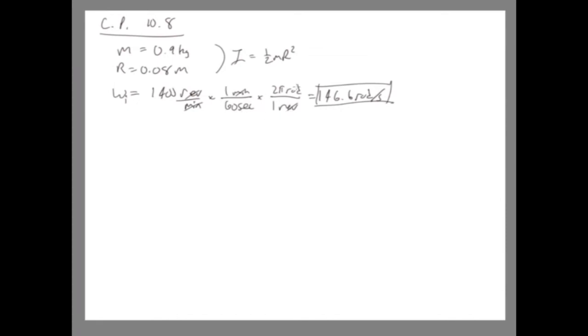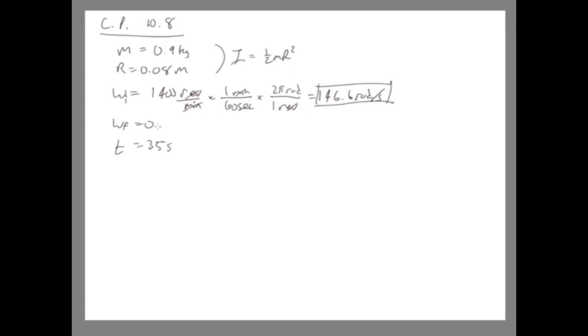We want to convert that directly into radians per second by getting rid of minutes: 1 minute equals 60 seconds, and getting rid of revolutions: 2 pi radians equals 1 revolution. That will leave us with our omega initial in the proper units, 146.6 radians per second.